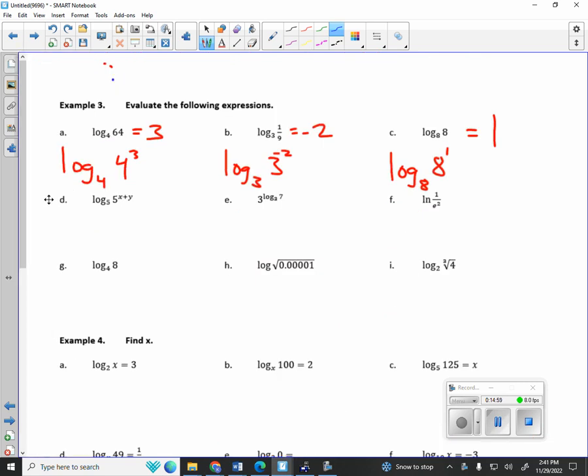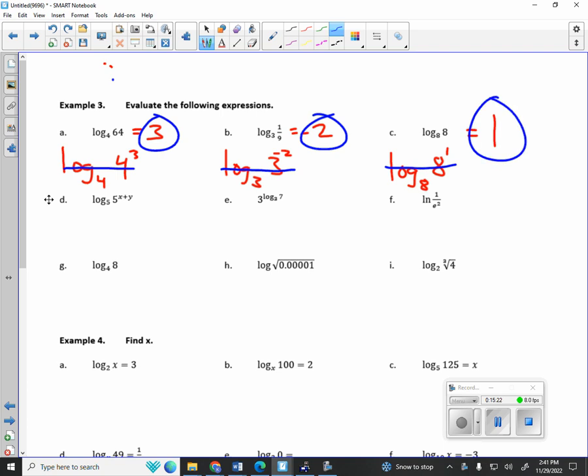I'm going to do these same problems to try to make a point for you. You don't have to redo them. I just want you to see log base 4 of 4 to the third. What's going to go away? And I'm left with 3. These go away. I'm left with -2. These go away, and I'm left with 1.